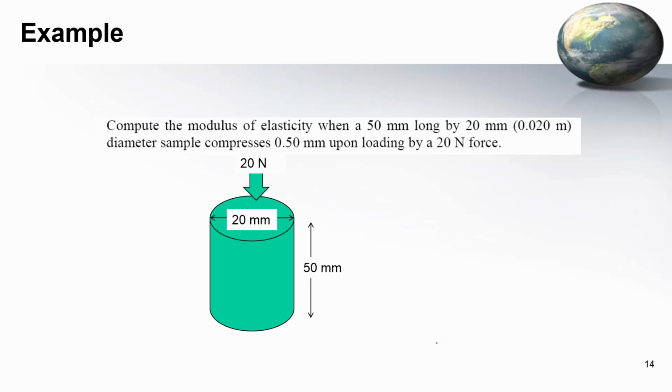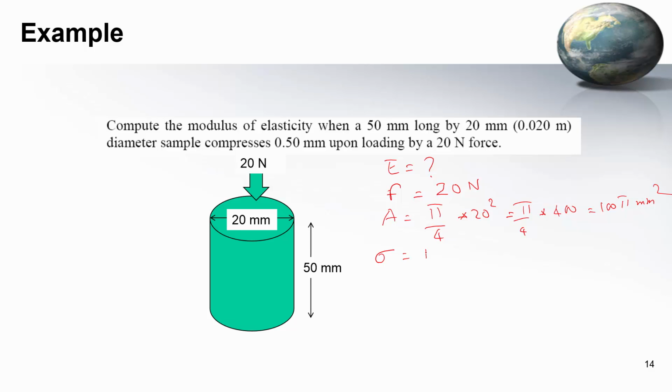So let's try to solve this problem. The question is, what is Young's modulus? You are applying a force of 20 newtons on a cross-sectional area, which is pi by 4 into 20 squared, which is pi by 4 into 400, which is 100 pi millimeter squared.